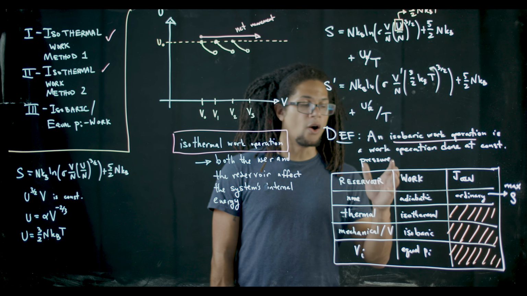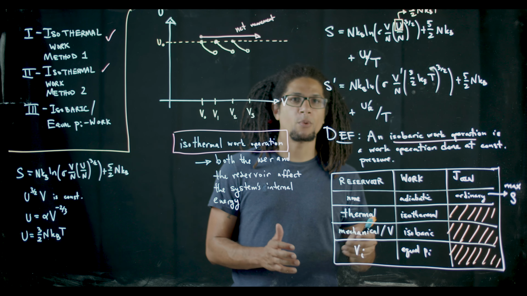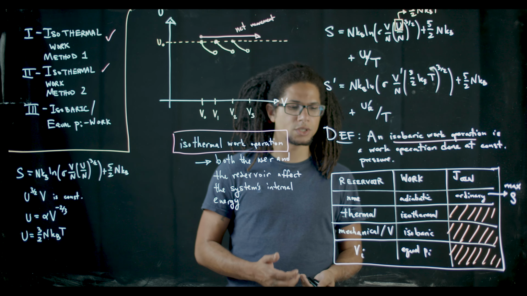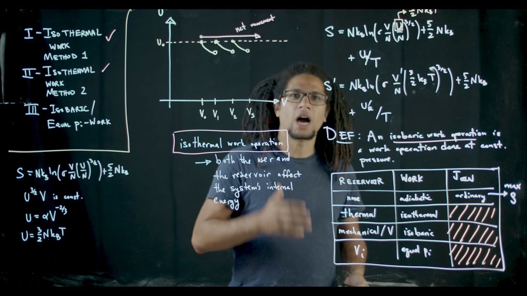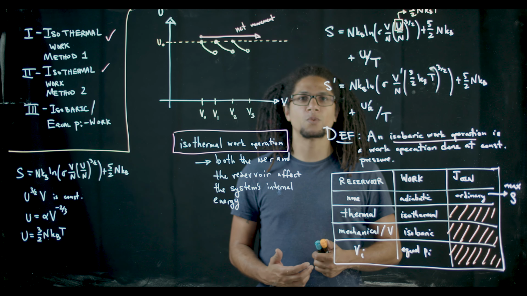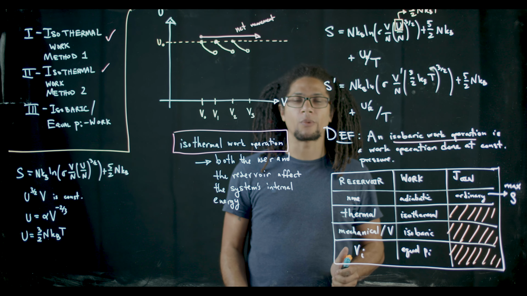In any case, I hope that this starts to get you thinking. We can kind of come up with a different set of control operation rules for contact with each type of reservoir. And that's very important because oftentimes we'll have a reservoir that's naturally coupled to the system that we're working with.